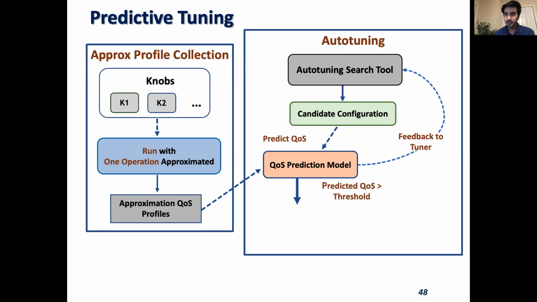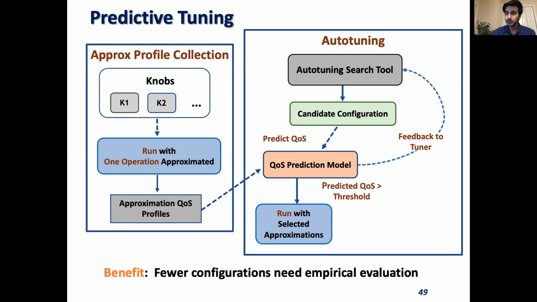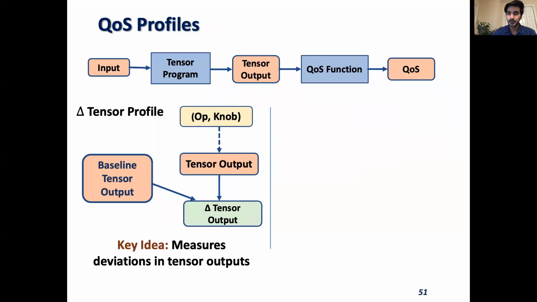If the model predicts that the QoS is higher than the user provided threshold, the QoS is further validated by empirical measurement to measure the real QoS. And then the configuration is selected as a valid configuration if the empirically measured QoS is higher than the user given threshold. The benefit of this approach is that only a subset of configurations need empirical evaluation.